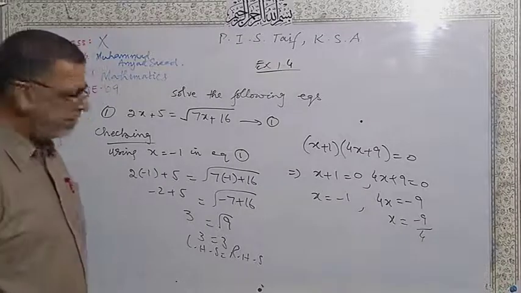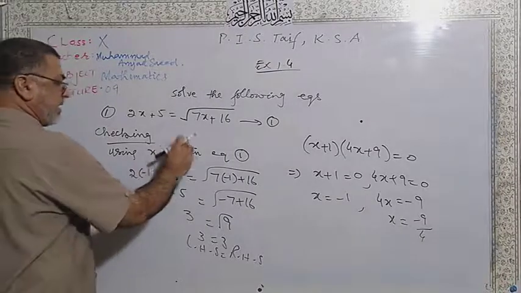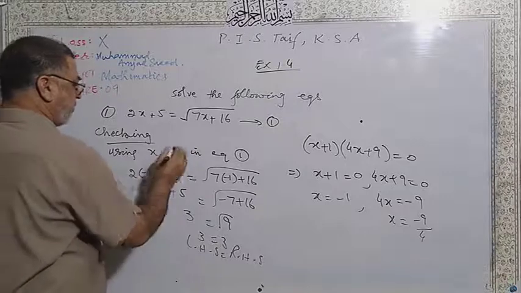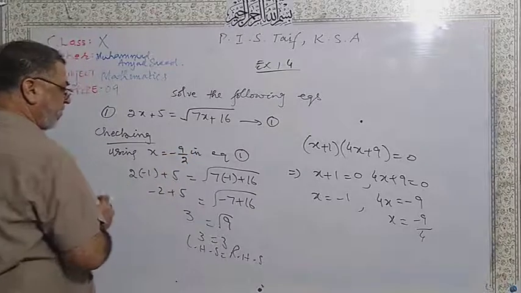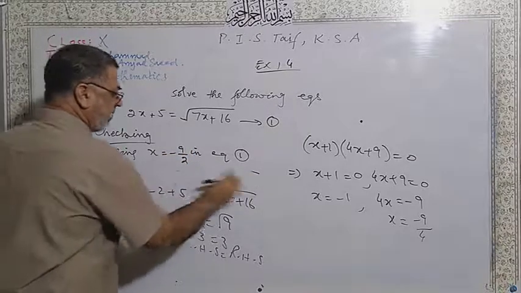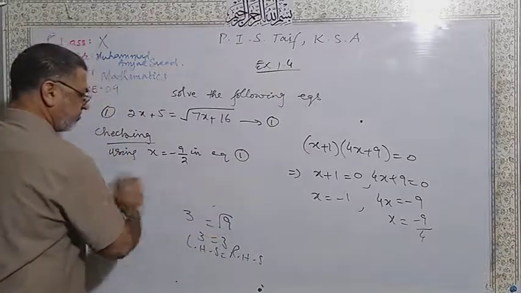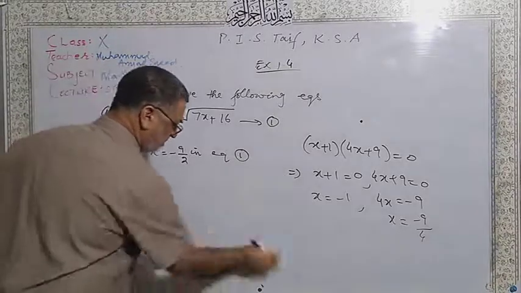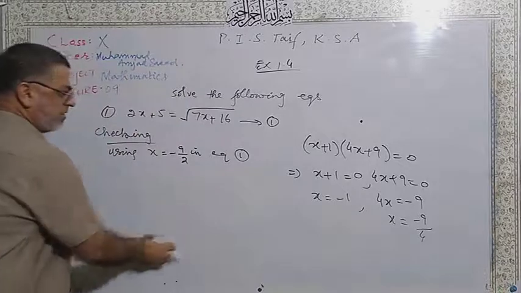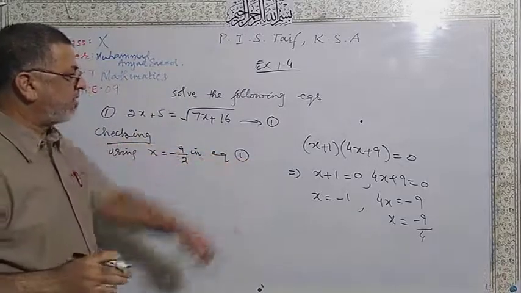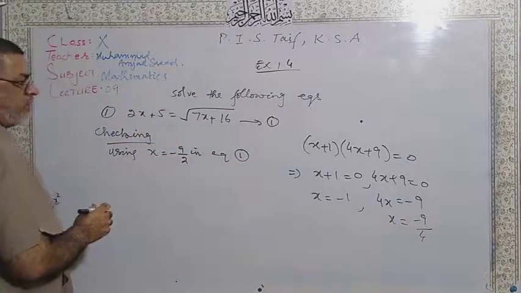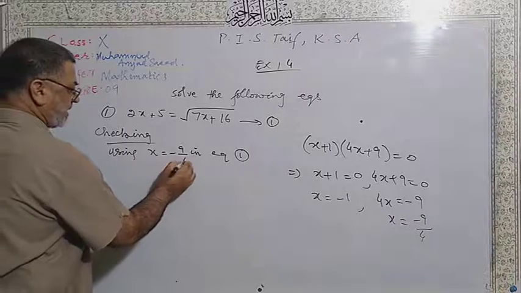Similarly, we will do x is equal to -9 over 4 in equation number 1 again. We will apply this second value of x, -9 over 4.